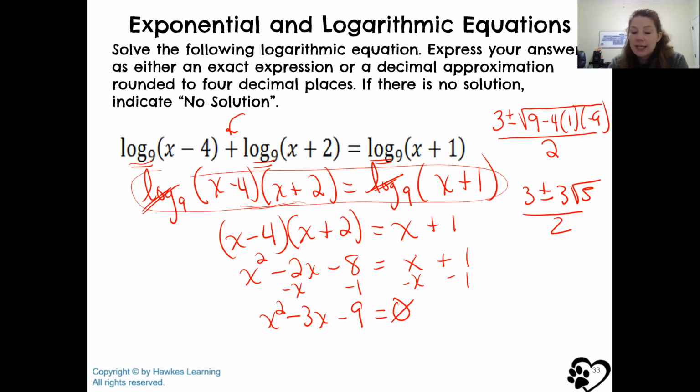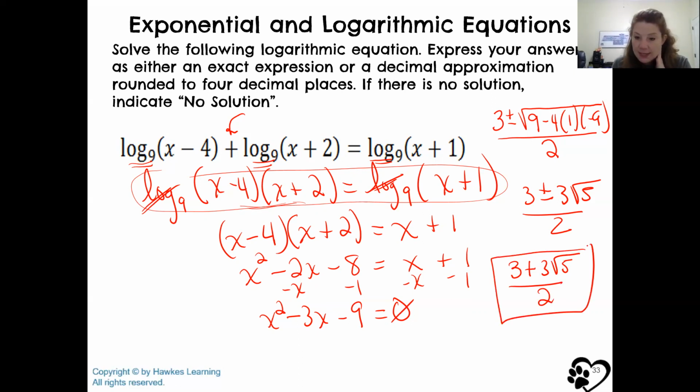So if I type in 3 plus 3 square roots of 5 over 2, I get a positive answer. But then I notice when I type in 3 minus 3 square roots of 5 over 2, I get a negative answer. You're not allowed to have the logarithm of a negative number. So my only answer is 3 plus 3 square roots of 5 over 2.